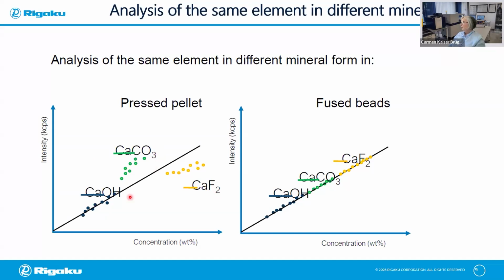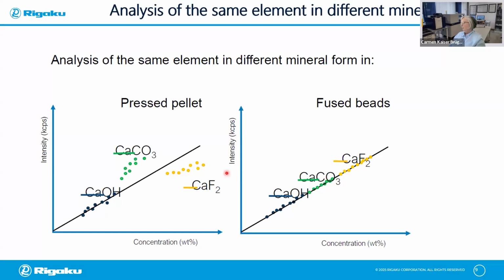And therefore, it's really important in XRF, if you have a pressed powder method, that we have matrix matching calibration curves. Yeah. If we go for a fused bead, we take away this matrix problem, and we would get all the minerals and all the calcium on one calibration curve.